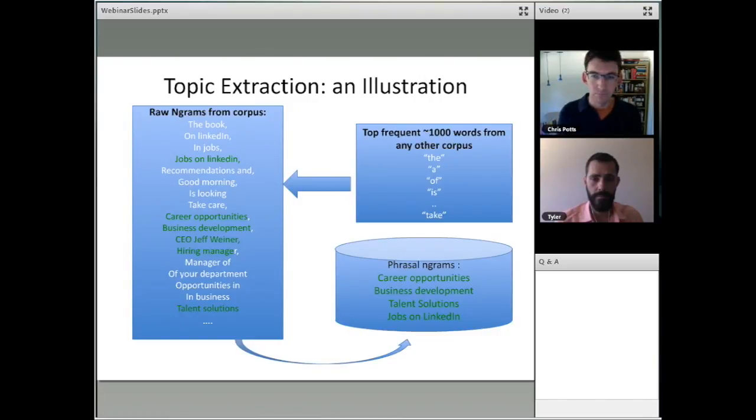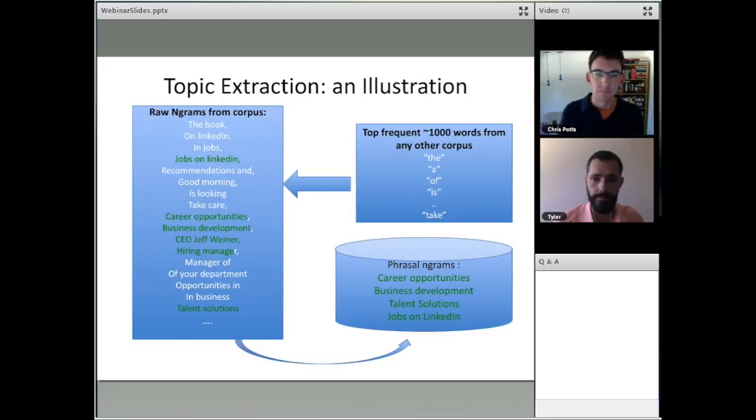Basically, you take your corpus of interest, which in this case is a collection of tweets and Facebook posts on a particular very broad category like job, and then you take a completely different set of text, in this case some articles, and you extract the most frequent unigrams from that other text, and then apply a very basic rule that says if you take an n-gram from your corpus and it either begins or ends in that very frequent word, then this is not a topic.